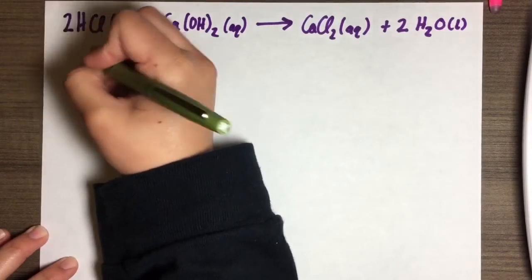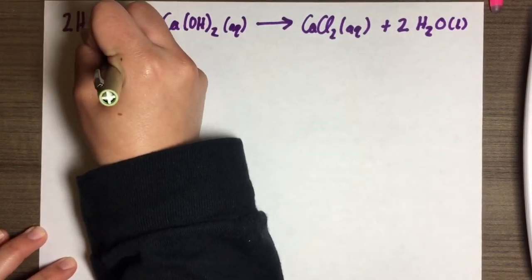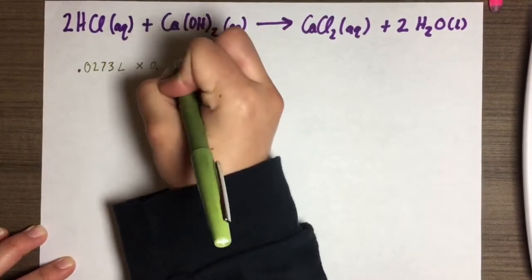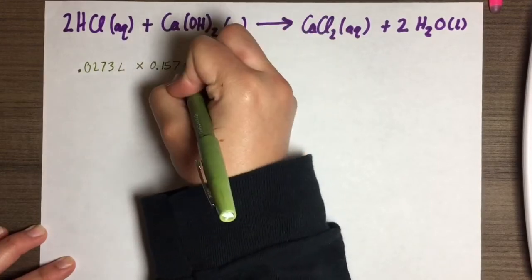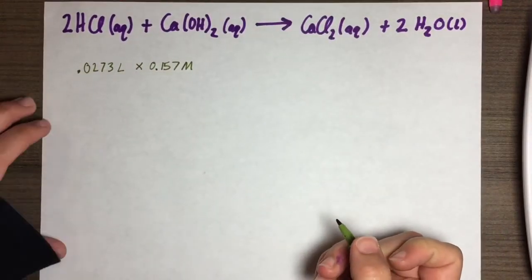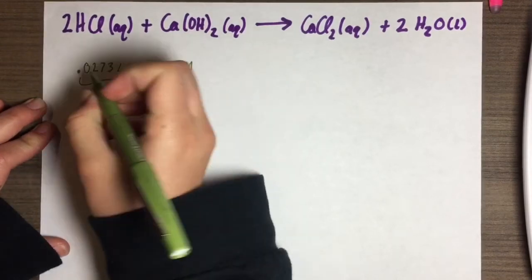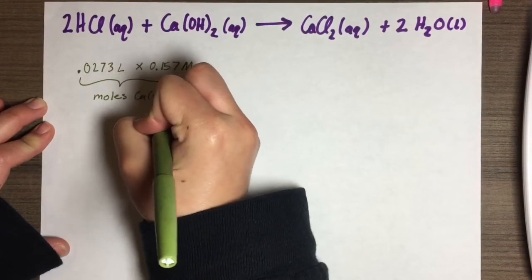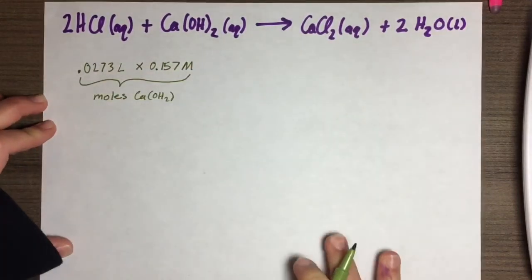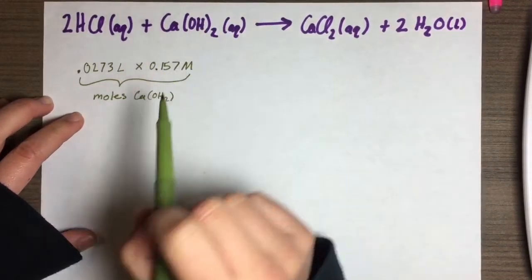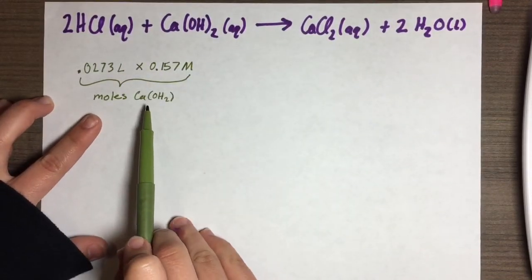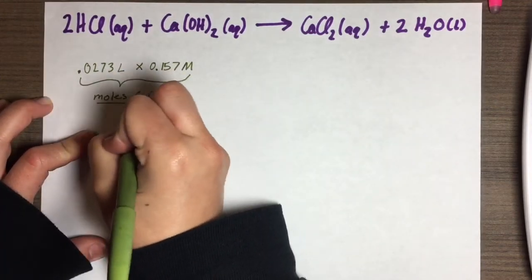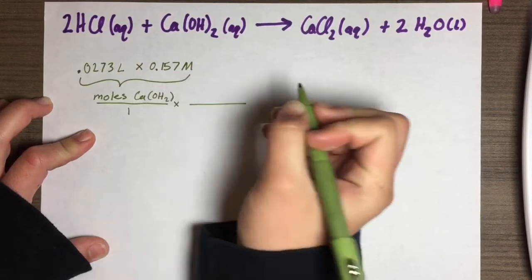So we have 0.0273 liters times 0.157 molarity. And that's going to give us the moles of calcium hydroxide. And so from there, we can convert the moles of calcium hydroxide to moles of hydrochloric acid. I'm going to put this over 1 because for me it's just visually easier.